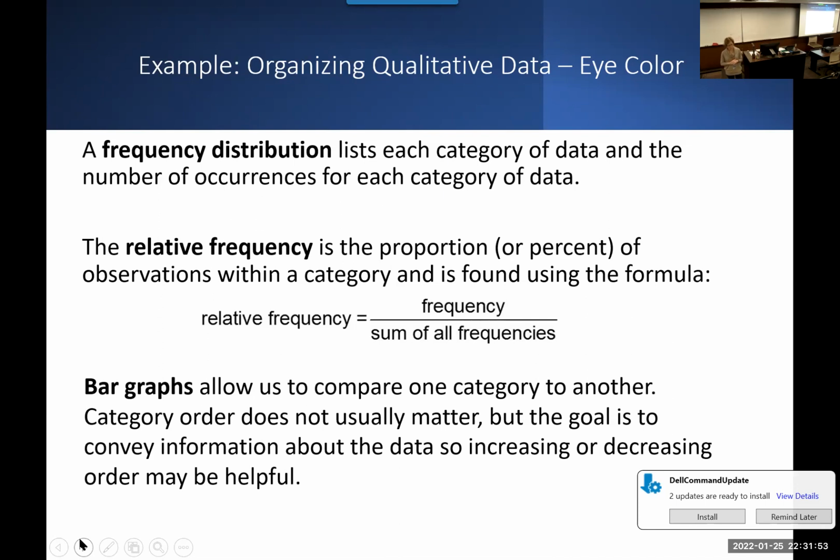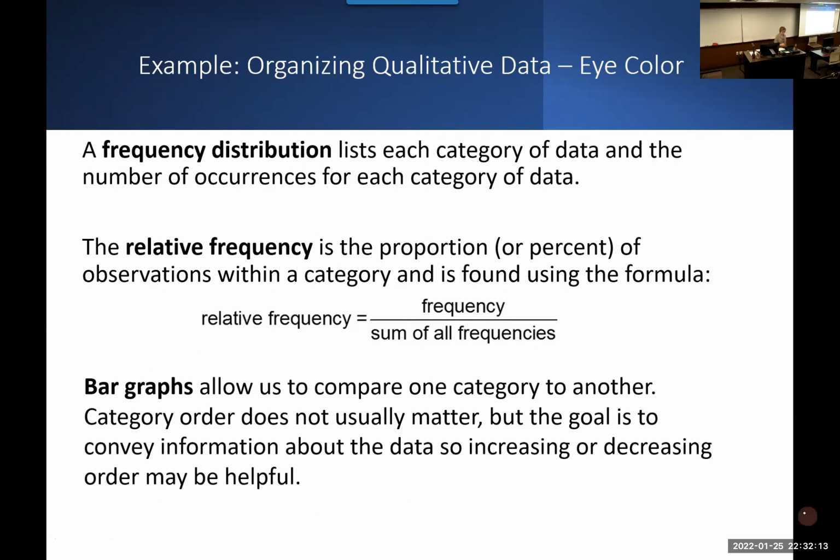It's called a Pareto bar graph. You could order a bar graph in order to identify some characteristics that you couldn't tell if it was just randomly placed up there. But you don't have to. It's not mandatory. It doesn't mean that your bar graph is incorrect.